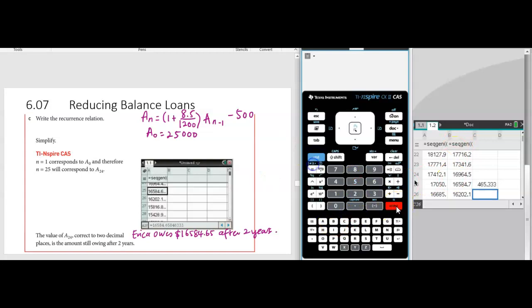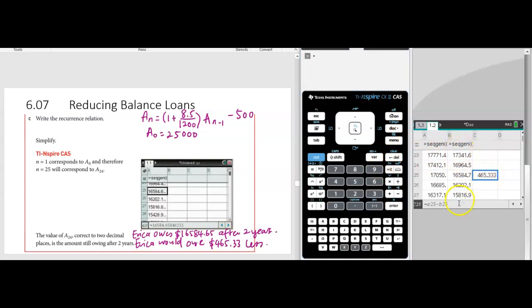The difference is 465.33. That means Erica would owe 465.33 less.